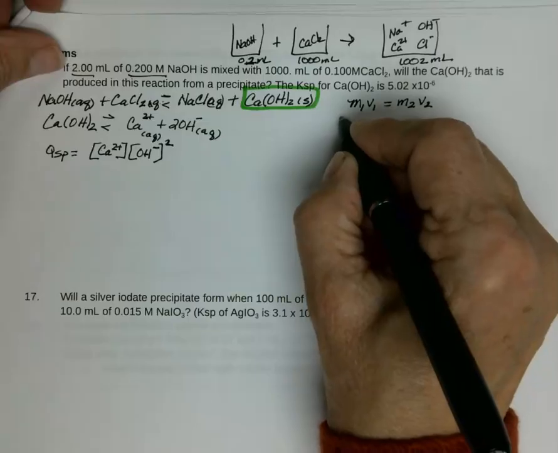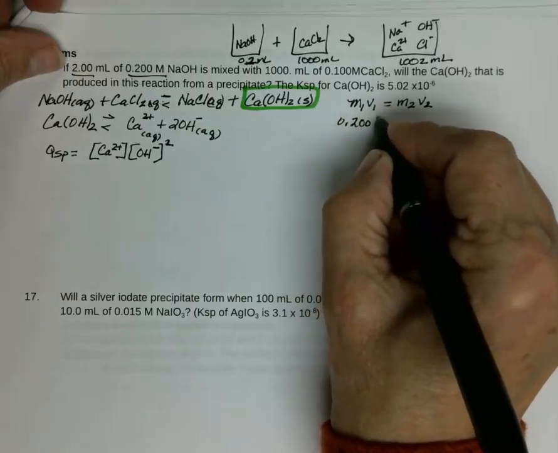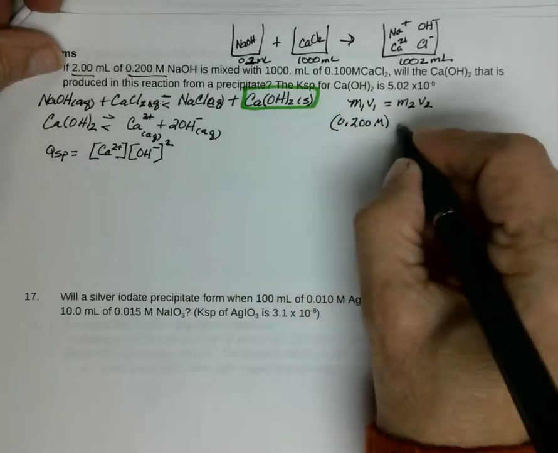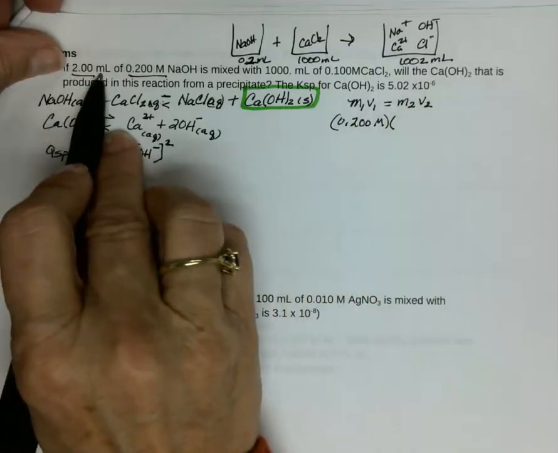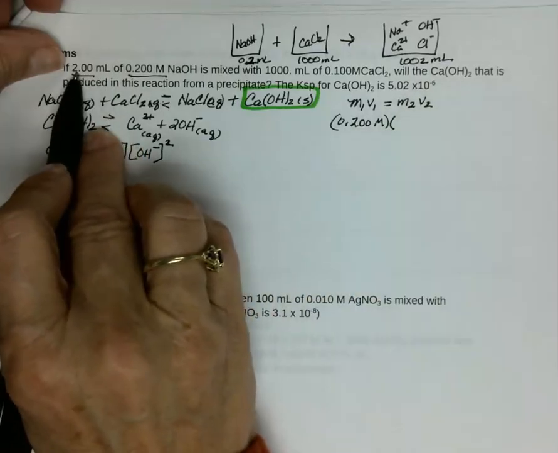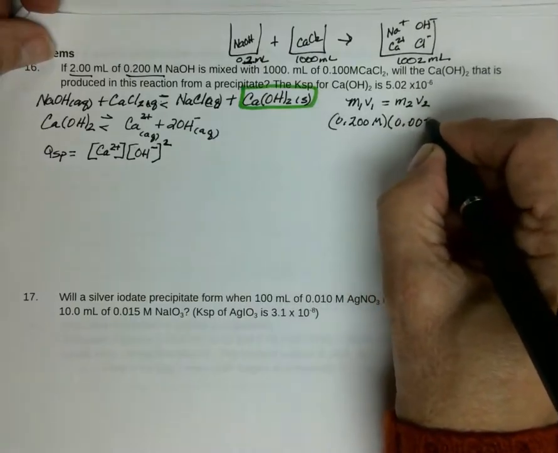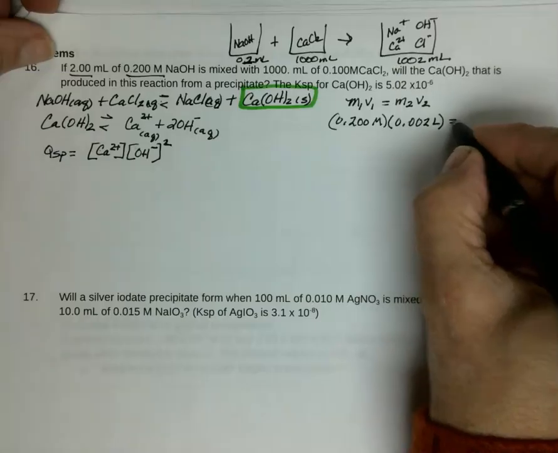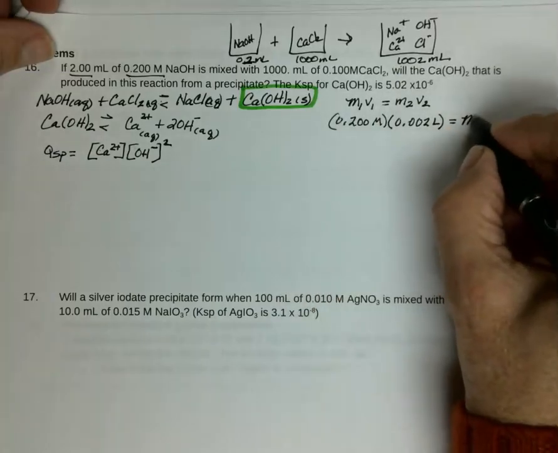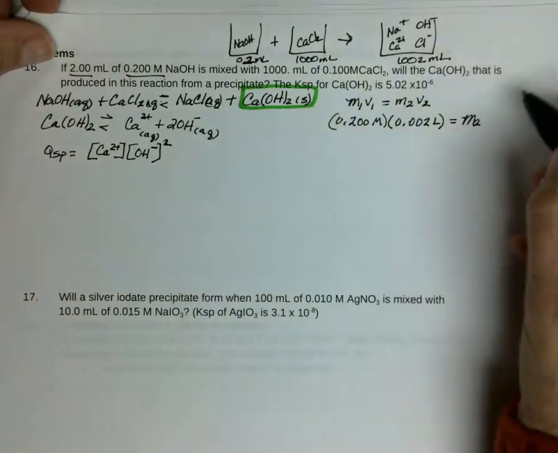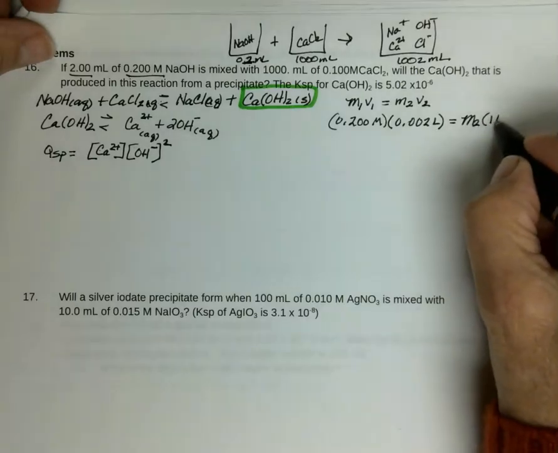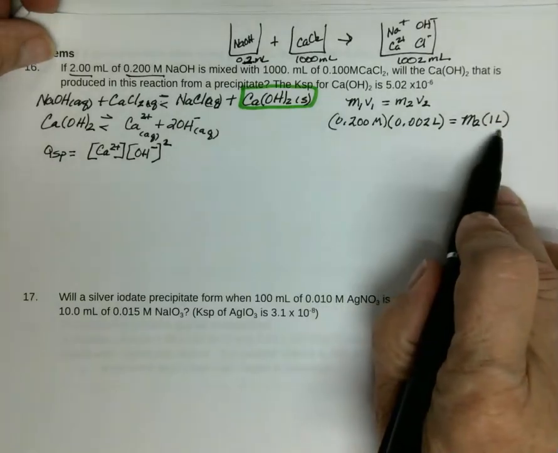So we're going to have a 0.200 molar. And my volume here, I'm going to go ahead and change it to liters. So that's 3 decimal places over. So be sure you do change that correctly. I want to know my new molarity when it is 1 liter. So the part that makes this nice is it is just a 1.